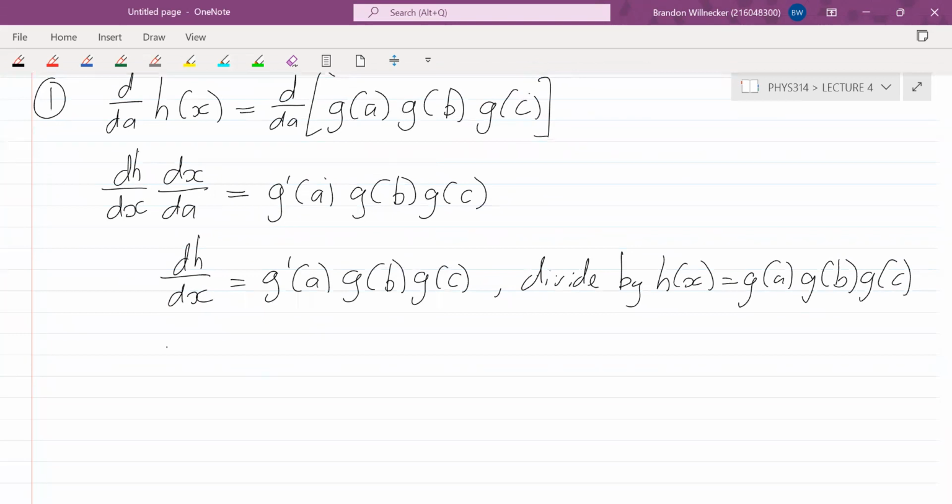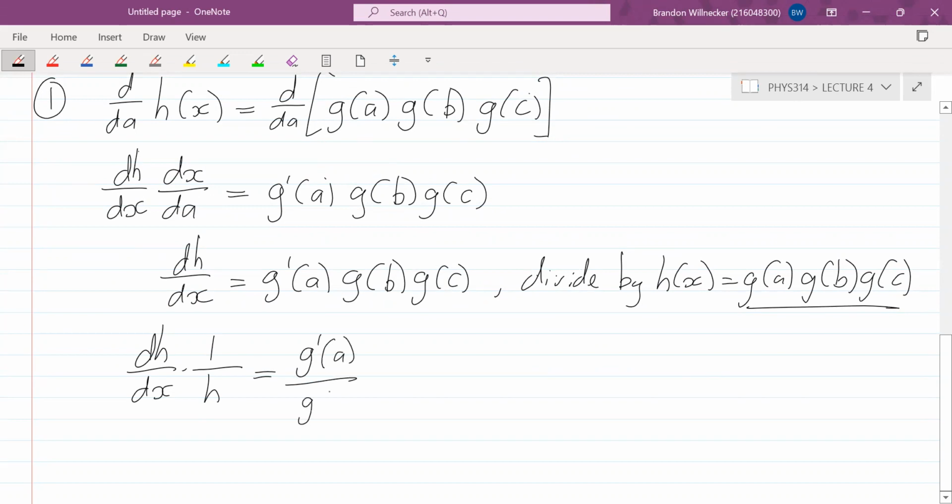On the left-hand side, we have dh by dx times 1 over h is equal to, and then if we divide the right-hand side by this right-hand side here, we're going to get g prime of A over g of A. And notice that the g of B and the g of C cancel. So note, g of B times g of C goes away.